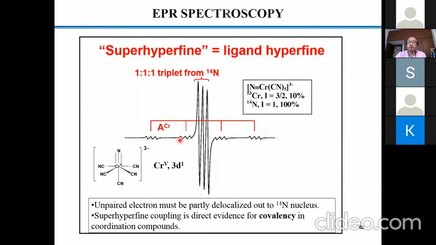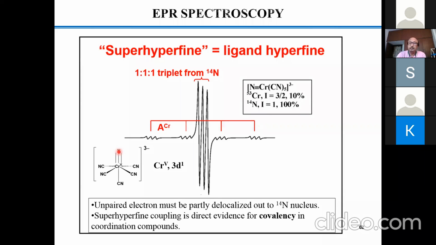You would be getting 4 lines, and each line would be split into 3 because of the metal nitrogen interactions. This example highlights the covalency, going beyond crystal field theory to molecular orbital theory. This is one of the finest examples.